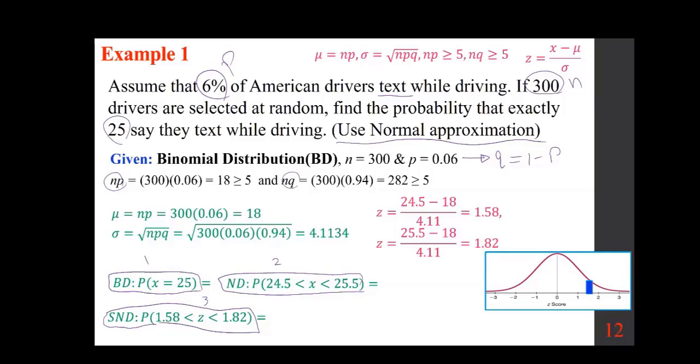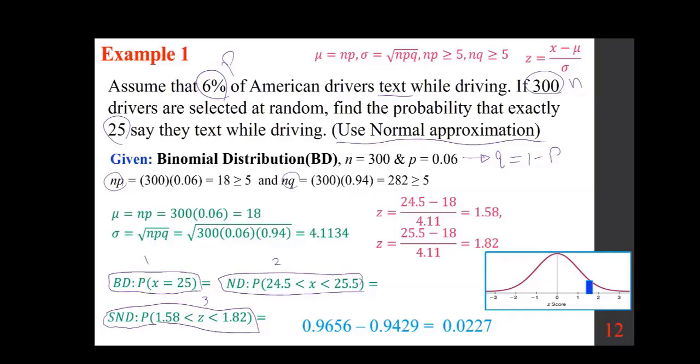So this is the area we want to cover, from roughly 1.58 to 1.82, and that requires either the z table or the technology. If you use the table, it results in the difference between the two. Remember, when you go to the positive z score, you look it up all the way to 1.82, and then you look it up all the way to 1.58.